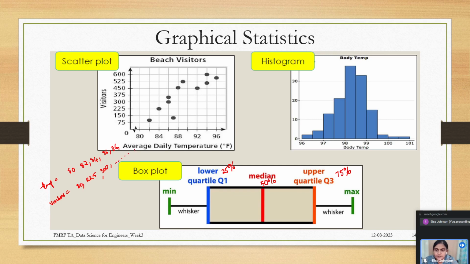You will find the variation in this one, and you will find the mean of the temperature values which is observed. You will also find the mean of the visitors, and you will find the variations.